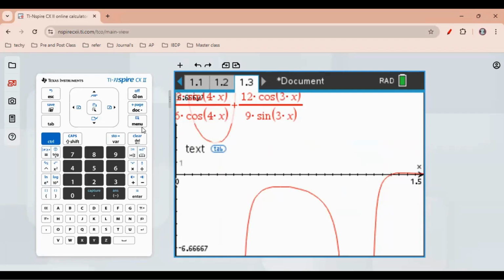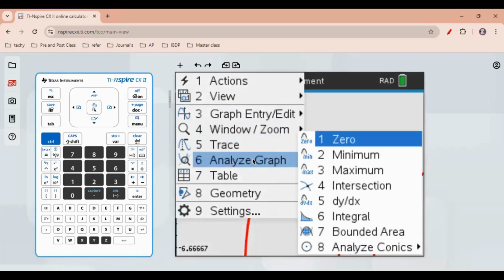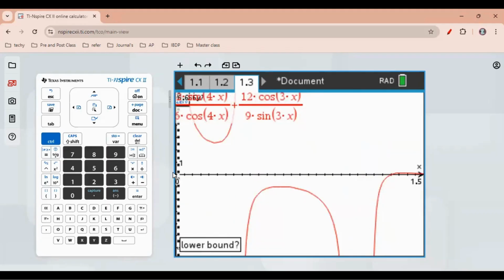Now, this should be 0. I got this function equated as 0, so I need to solve for x. So x-intercept. That is, go for analyze graph and zero of the graph. And clearly I can see from 0 to 1.5, here is where the zero is formed.